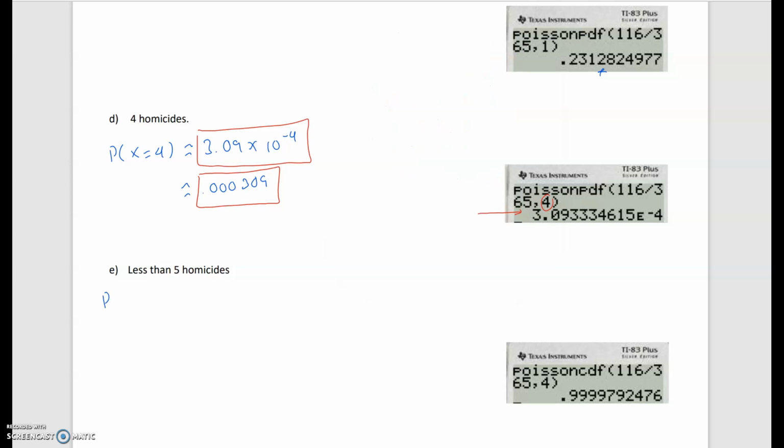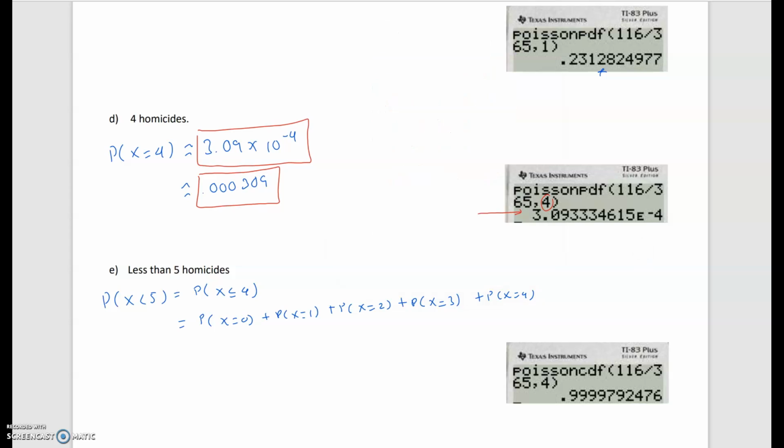So this is going to be the probability of x less than 5, which really means the probability of x less than or equal to 4. Or the probability of x is equal to 0 plus the probability of x is equal to 1 plus the probability of x is equal to 2 plus the probability of x is equal to 3 and then plus the probability of x is equal to 4.